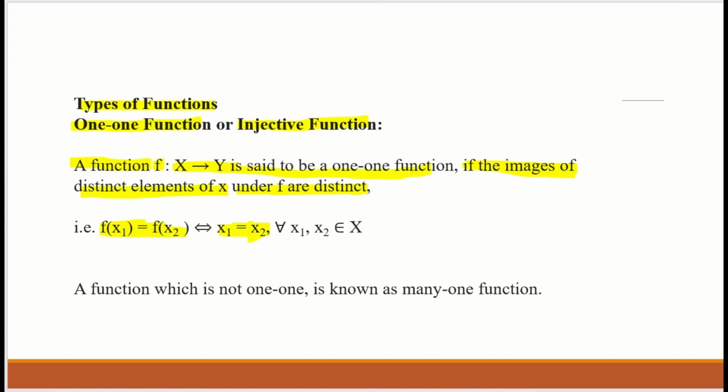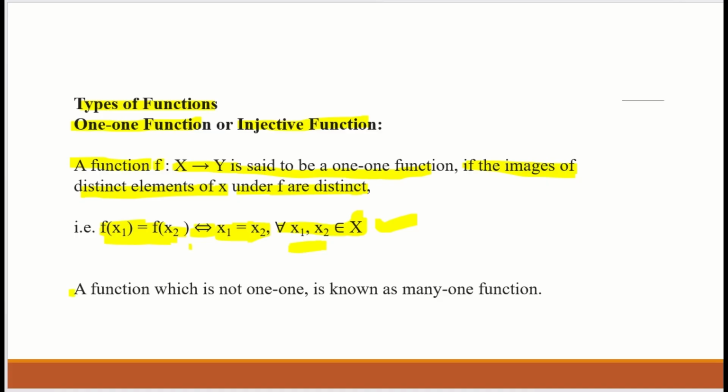Then we can say that the function is one-one. It should be satisfied for all the elements of the domain. I will take two elements x1 and x2 in the set X in such a way that their images are equal. We have to prove that their pre-images are also equal.